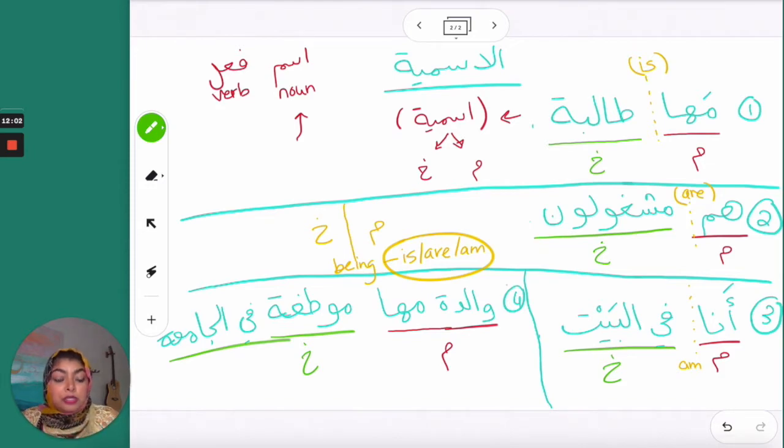Now, I want you to look at all four of these examples of mubtada and tell me whether they're ma'arifa, definite, or nakira, indefinite. Pause and come back. So if you look at all these, Maha is a name. Hum, ana, those are pronouns. Walidat Maha, you're telling me whose mom it is.